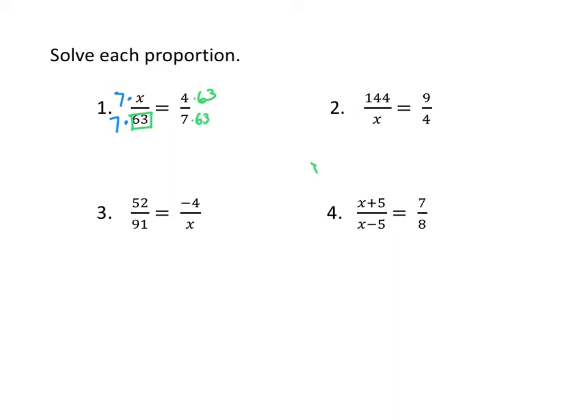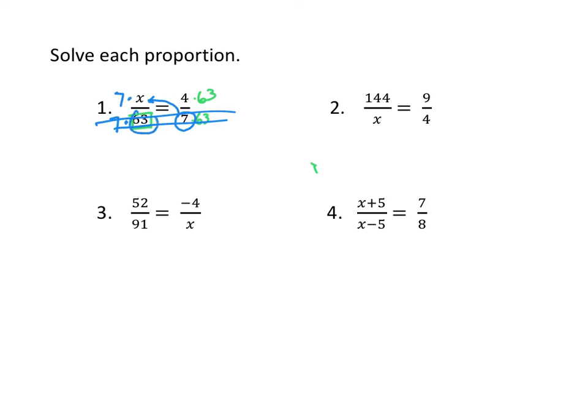Now, remember when we were solving equations that had fractions in them, and we got fractions for every term in the whole equation, and then we said we can cross them out. Exactly. So cross multiplying really becomes an easier process. It's the denominator on this side times the opposite numerator.